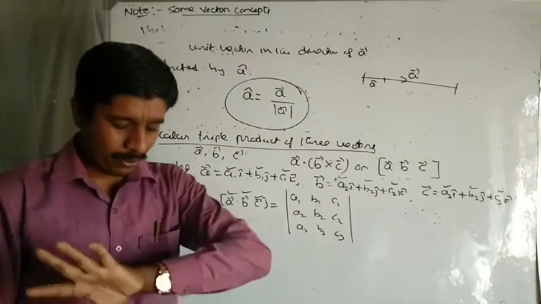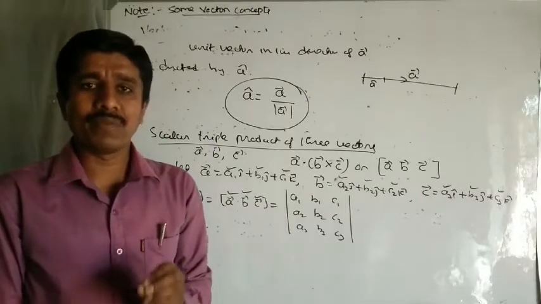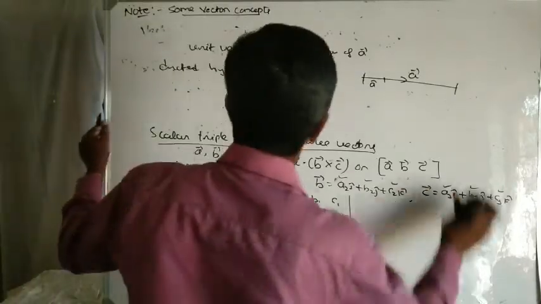I am going to prove here one derivation: shortest distance between two skew lines.